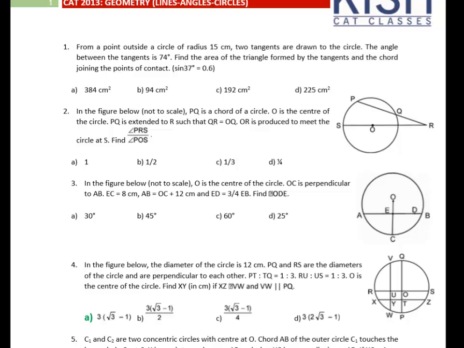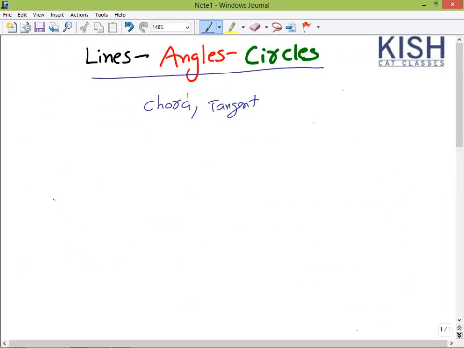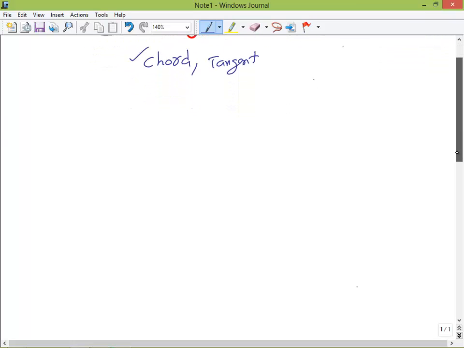So, from an external point, two tangents are drawn to the circle whose radius is 15 centimeters. Now, we need to find the area of the triangle formed by the tangents and the chord. Now, we are going to solve questions based on chord and tangent.